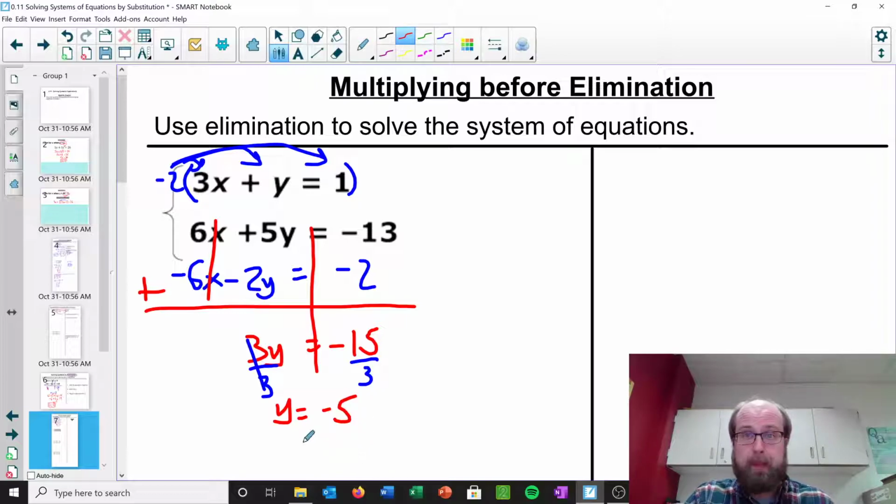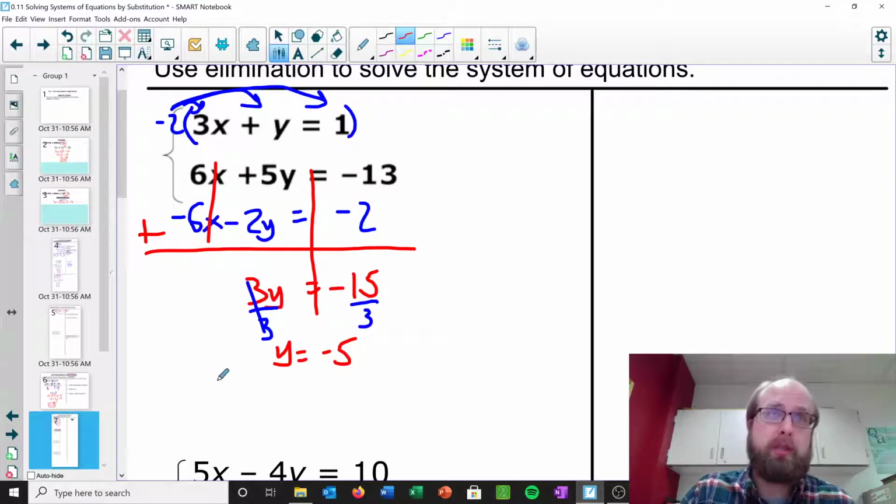All right? And that's the trick to these. I just got to make sure that I make it so that either the x's or the y's will cancel. In this case, I made the x's cancel. Now, again, we got y equals negative 5. I'm not done yet. We also have to find the x, right? And so you'd take that negative 5 and plug it in. Doesn't matter which equation. I'd maybe do it to the top one. So we have 3x minus 5 equals negative 1.